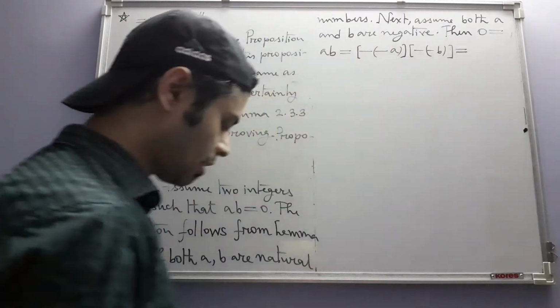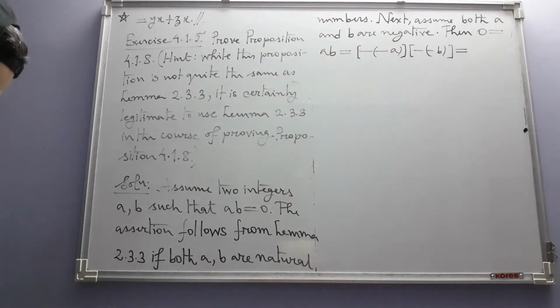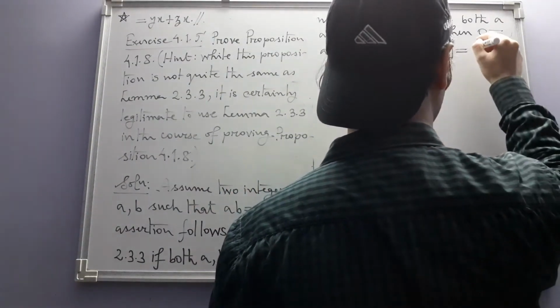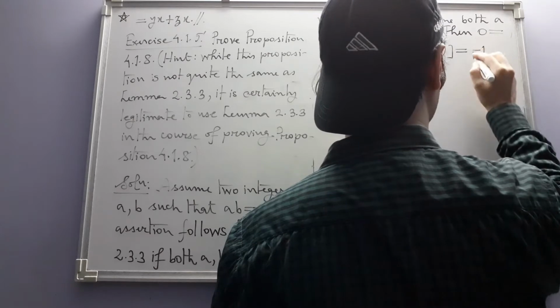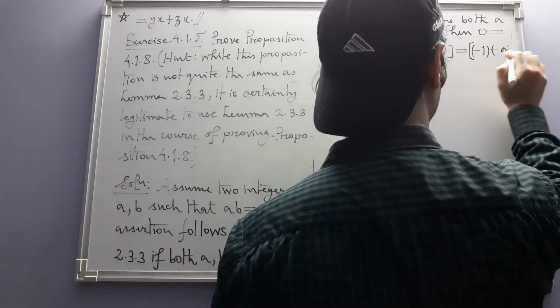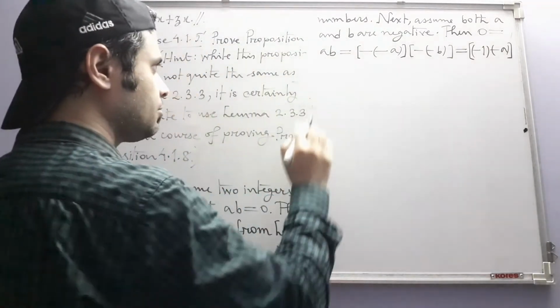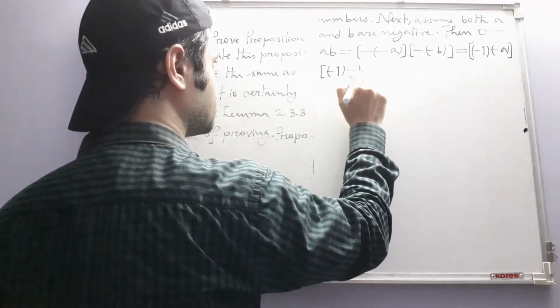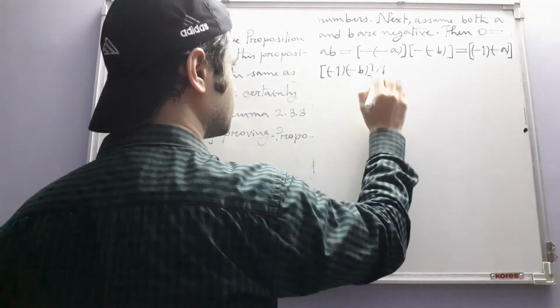Now you can use one of the previous exercises, specifically the third one, to write this thing as minus 1 times minus a, and this one as minus 1 times minus b.